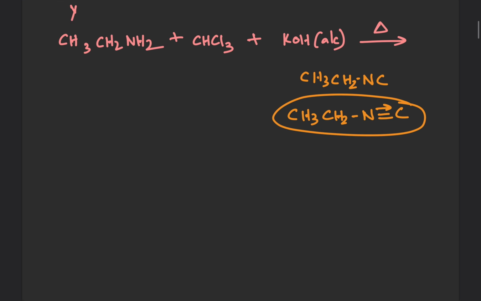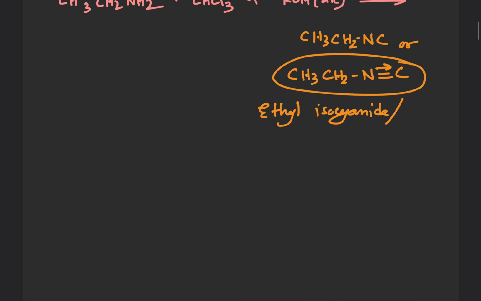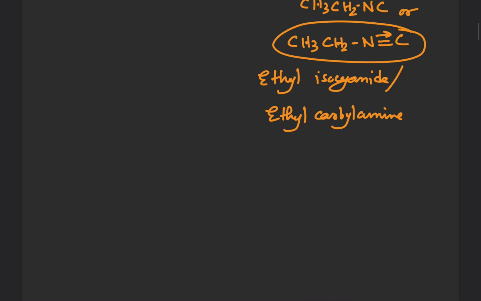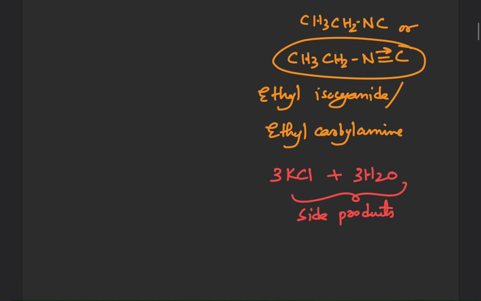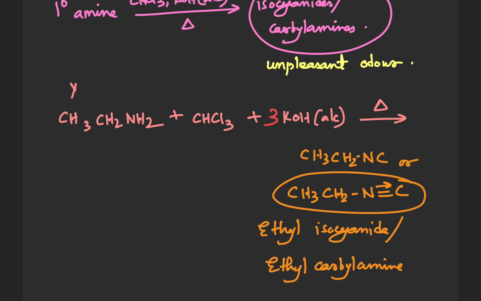So this guy is known as ethyl isocyanide. It is also known as ethyl carbylamine. Okay, and also we'll be getting some side products, for example KCl and H2O. Okay, these are our side products. So when we balance, we'll have 3 here, 3 here, and 3 here.